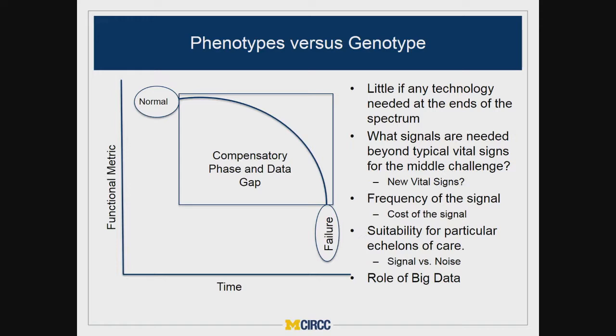And of course, you don't need big data and lots of technology if someone's got a systolic blood pressure of 60 and is laying in a pool of blood to tell you that there's something that needs to be done. It's really all this space in between because the body has a great way of compensating. And with the epidemic of chronic diseases, I don't even know what normal vital signs are anymore. So it really becomes tricky.